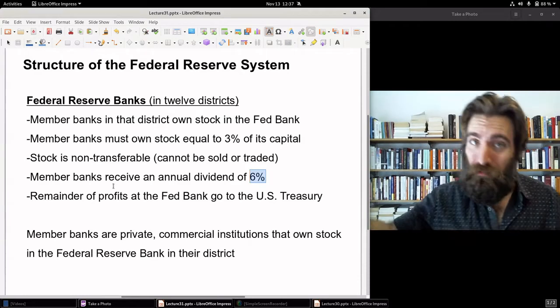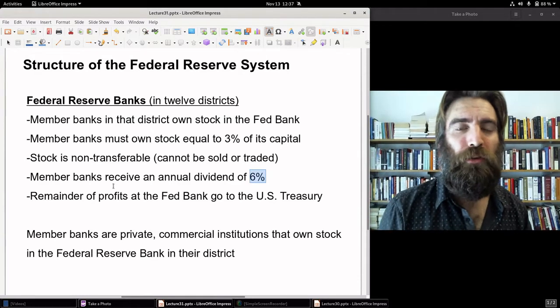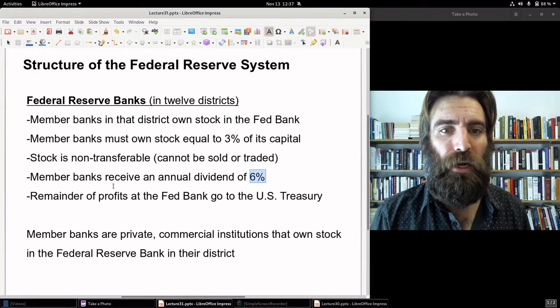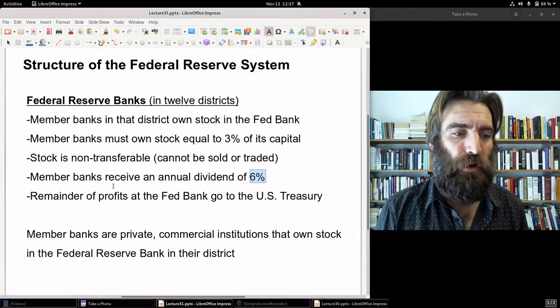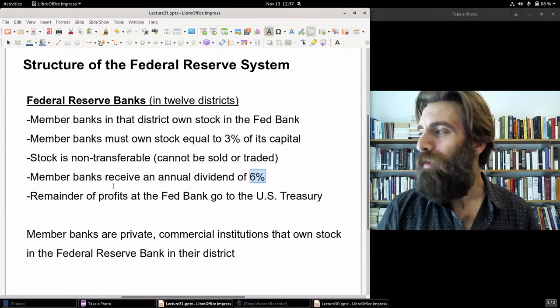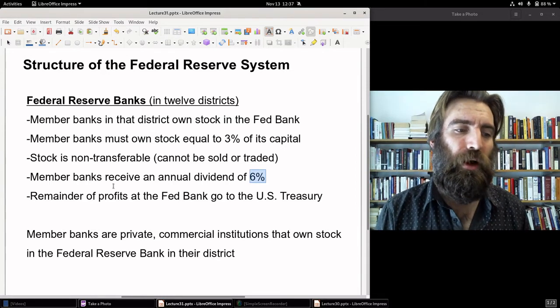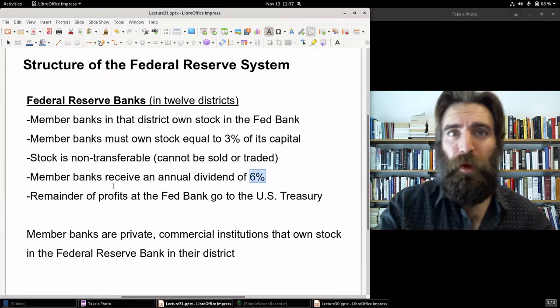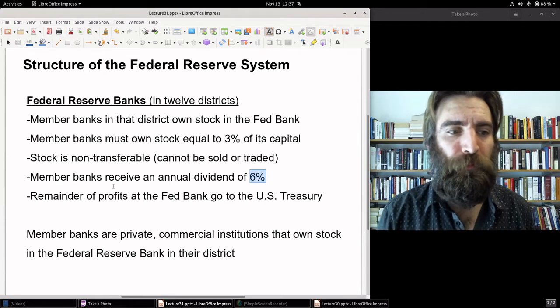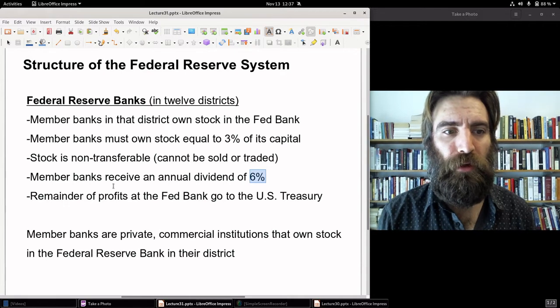So that's a lot of money to the U.S. Treasury. Actually, 2015 was a record year for the profits made by the Federal Reserve System. But still, $2.5 billion distributed to member banks. That's not a small amount either. But those were the dividends.